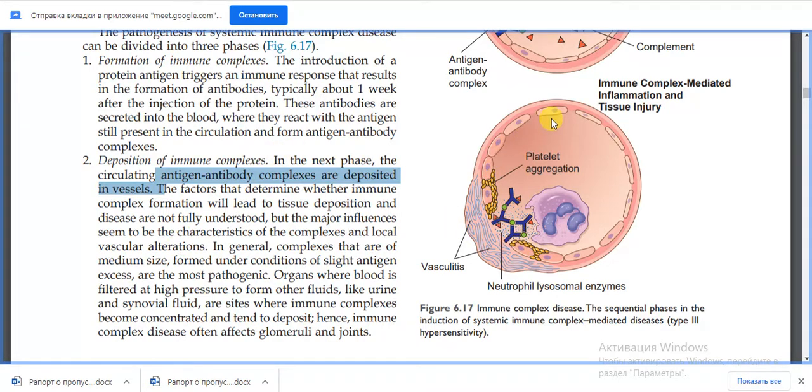Especially in which blood vessels? Peripheral blood vessels, the most tiny blood vessels, which are present in glomerular tissue, and also in joints, and also in all small vessels, which cause the vasculitis.